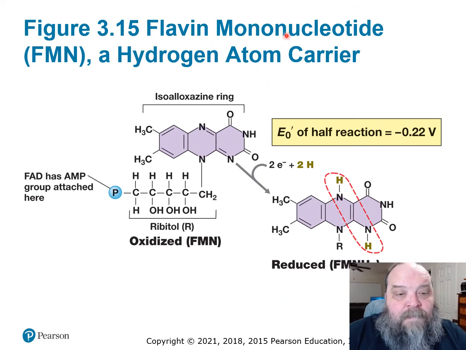Our flavin mononucleotides, which is a new one, its job is to accept right there and right there two hydrogens, 1, 2. You take this ribitol and you turn it into adenine monophosphate, AMP.